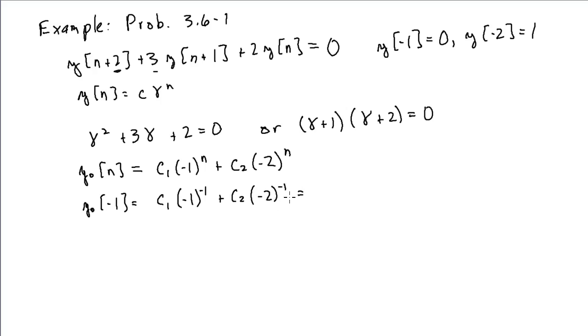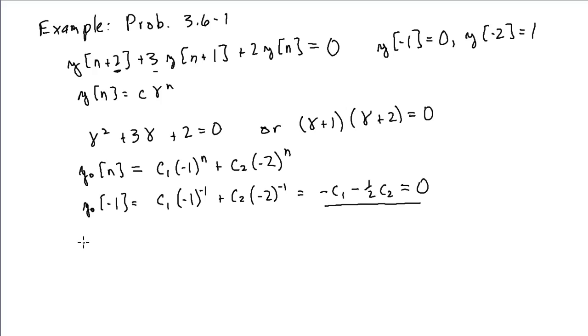Something to the minus 1 power is just the reciprocal, so the reciprocal of minus 1 is minus 1, so this becomes minus C1. The reciprocal of minus 2 is minus a half, so I get minus 1/2 C2. And for my initial condition I know that this is equal to 0, so this will be one equation in terms of C1 and C2.